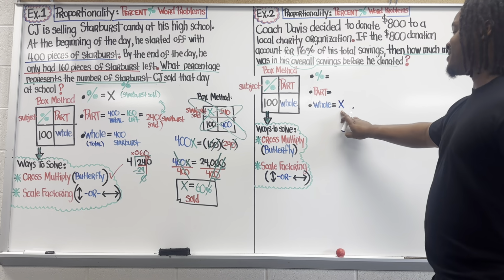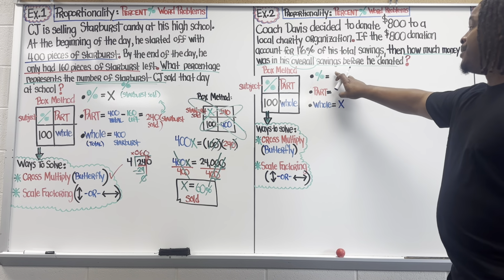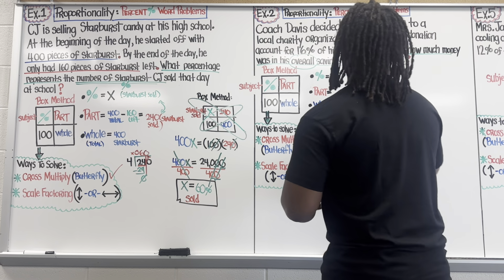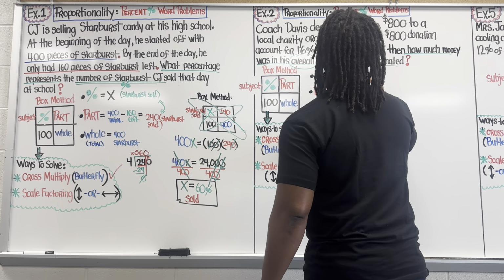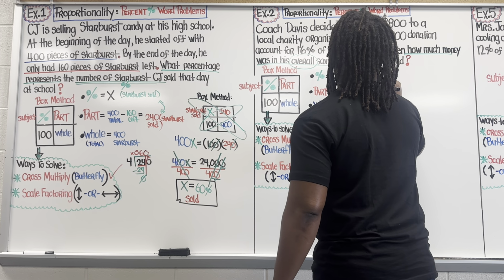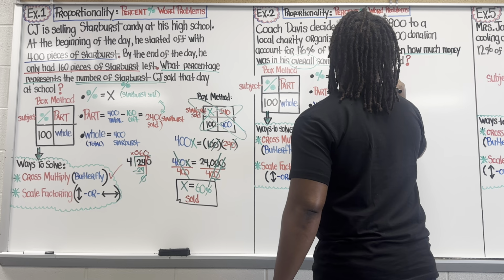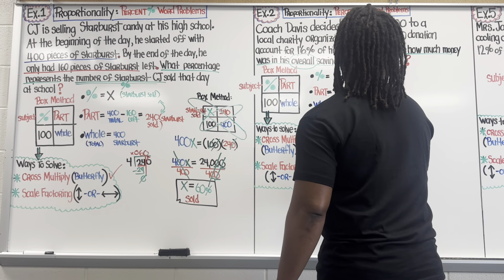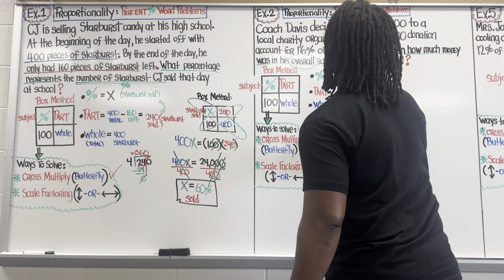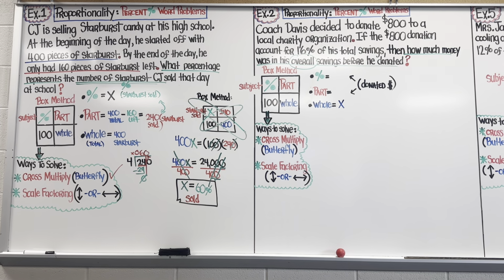So I'm going to put an X, right? But we do have the percent and the part, and we do know that the percent and the part represents the money that he donated. So that's going to be the subject line. That represents the money that he donated, or the percentage of the money that he donated, compared to his overall savings.